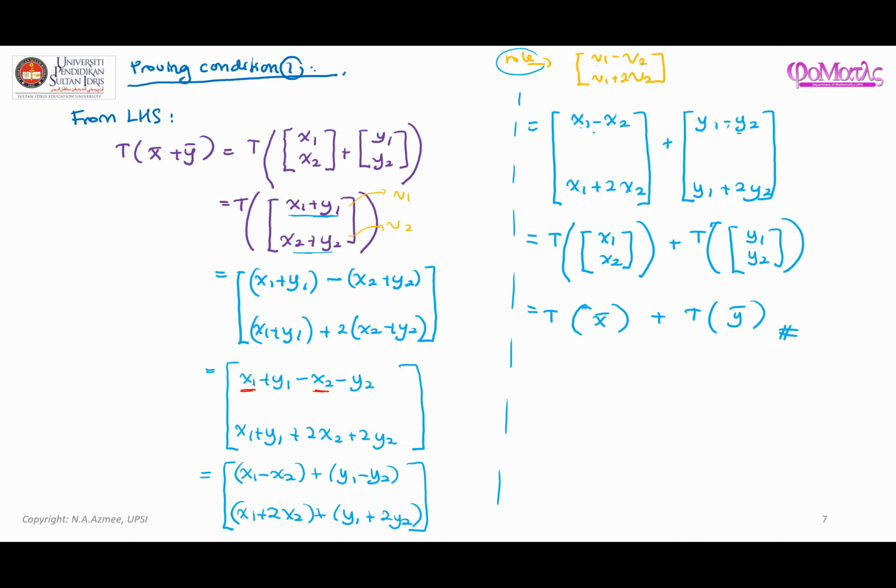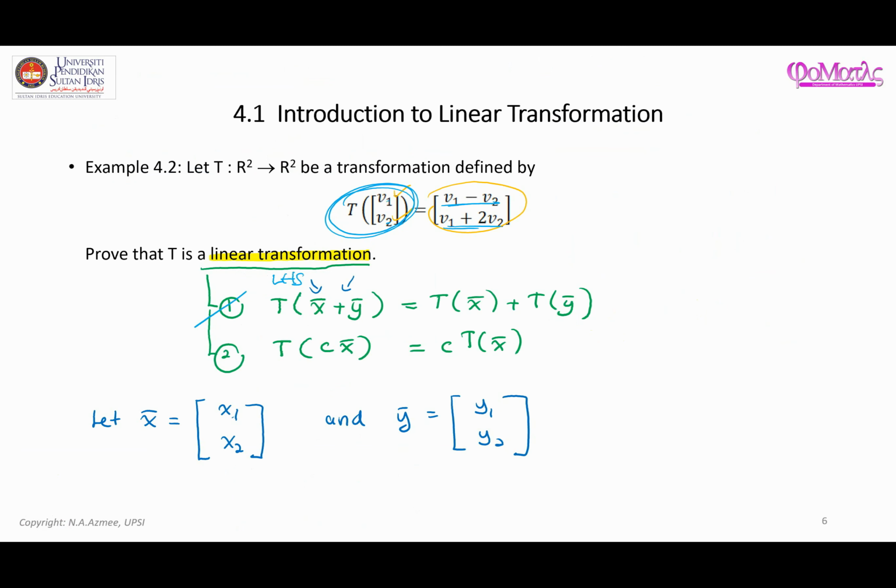And we have managed to show that from the left hand side, we do all the process here, and we are able to show that it is equal to the right hand side given as such. So condition 1 is fulfilled.